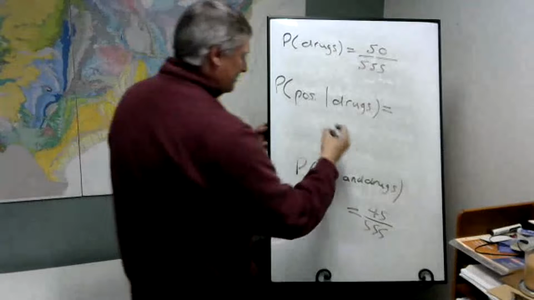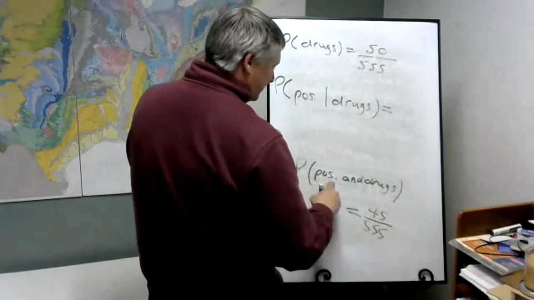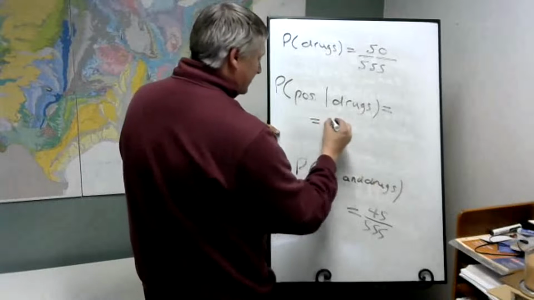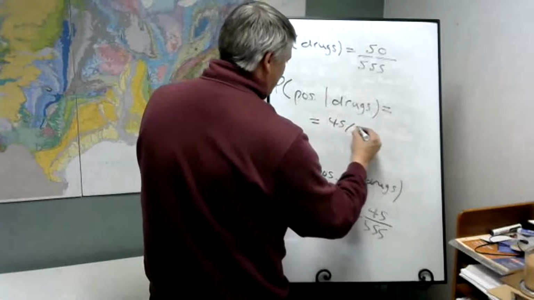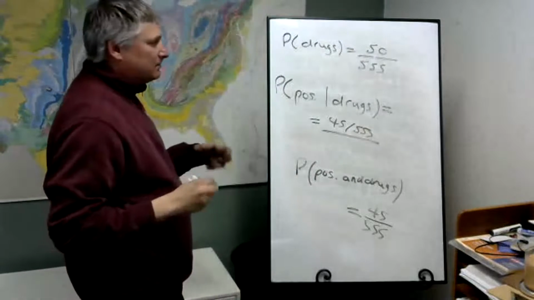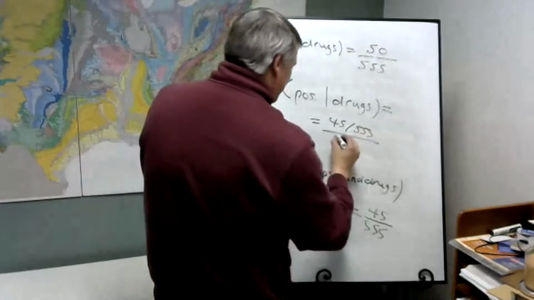And so we take the probability of being positive and having smoked marijuana divided by the probability that someone smoked marijuana.